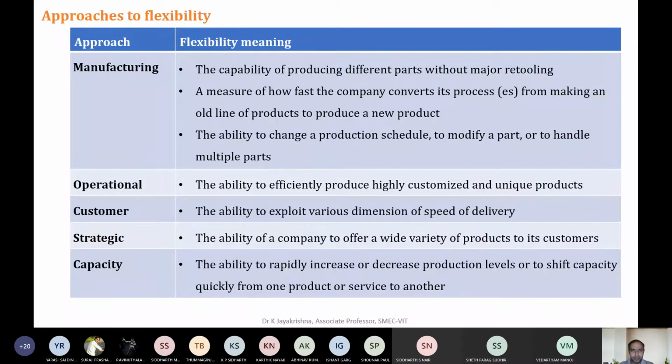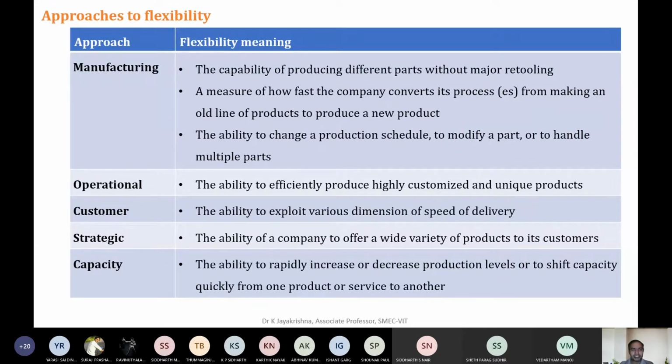Also, if you are able to produce more number of products using the same process, then we call it manufacturing process flexibility. If there's any change in the production schedule, if there is any change in MPS, master production schedule, and we're able to handle the changes and produce multiple parts, then we call it manufacturing flexibility.